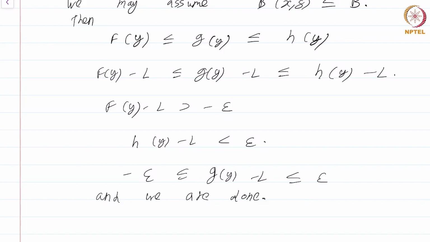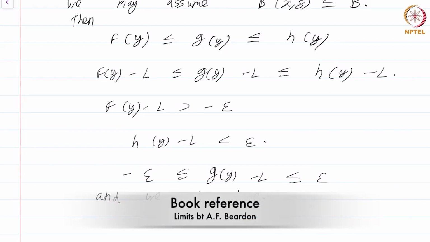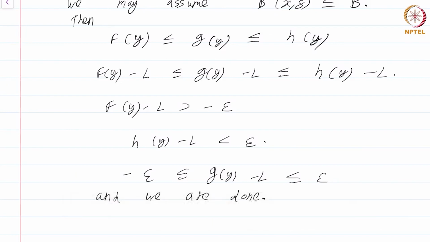You have various notions of convergence and similar theorems for all of them, and you're wondering why we are not unifying all of them. They can be unified. You can give a general notion of limit using some abstract machinery. This has been done by the mathematician A.F. Bearden. Just Google A.F. Bearden limits and you will get this. This is just some extraneous thing. If you are interested, you can pursue this. Okay, coming back to more pressing issues.